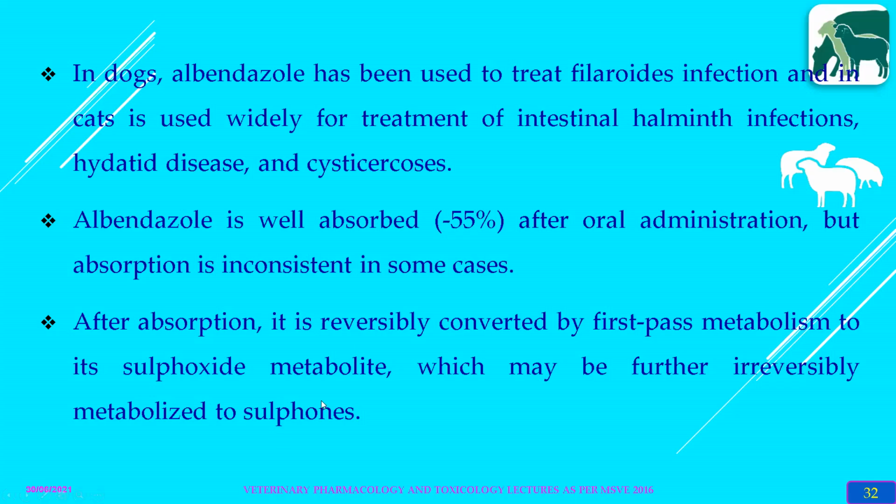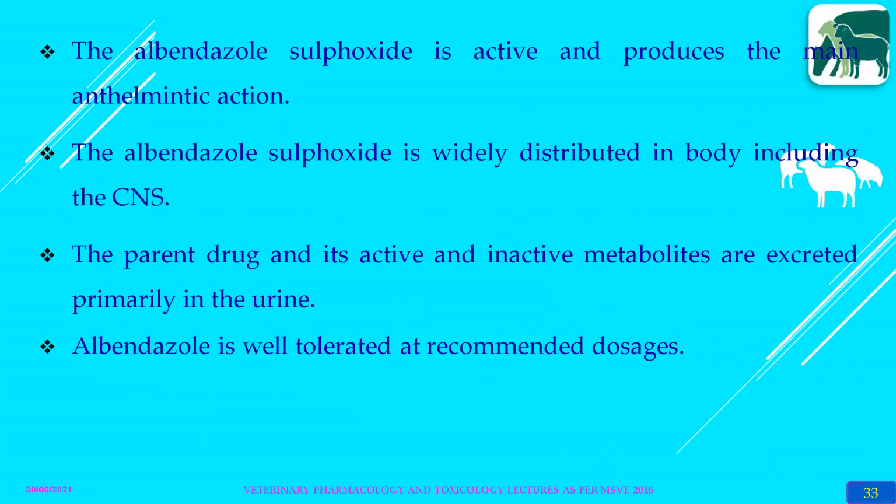It is converted to the sulfoxide metabolite, albendazole sulfoxide. This is further metabolized into the sulfones. Sulfones are inactive. Then albendazole sulfoxide is active and produces the anthelmintic action.